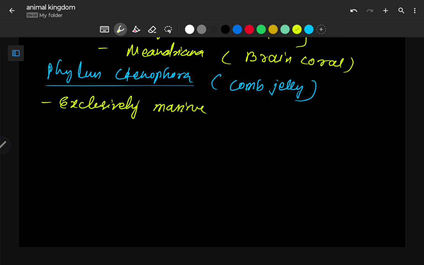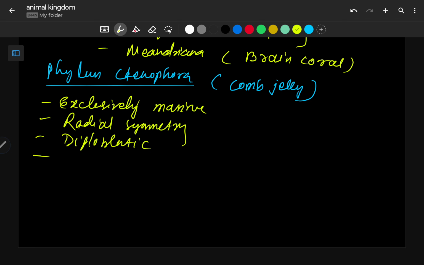They have radial symmetry, they are diploblastic, with tissue level of organization. So in this respect they are similar to the Cnidaria.